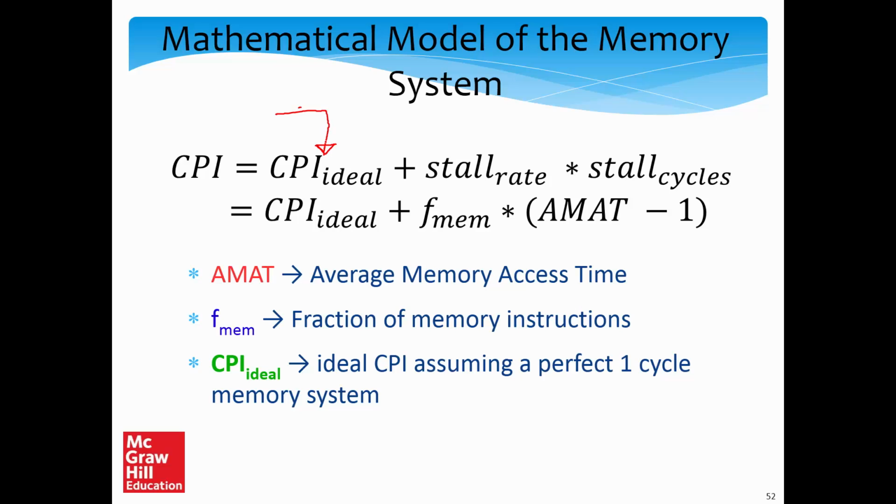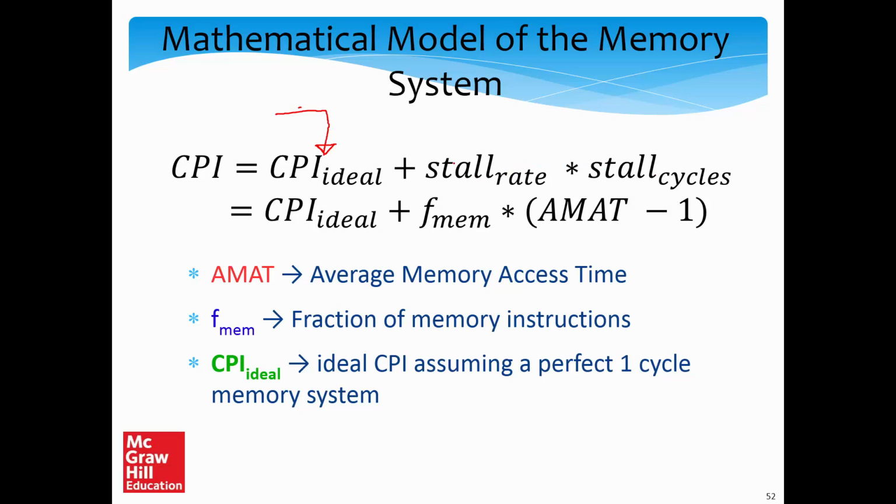This can include pipeline stalls and everything else, but the only assumption is that the memory system has hits in 1 cycle. Then we use the stall rate as the fraction of instructions that actually stall, and for each stall, how many cycles we waste. This essentially gives us the number of pipeline bubbles.